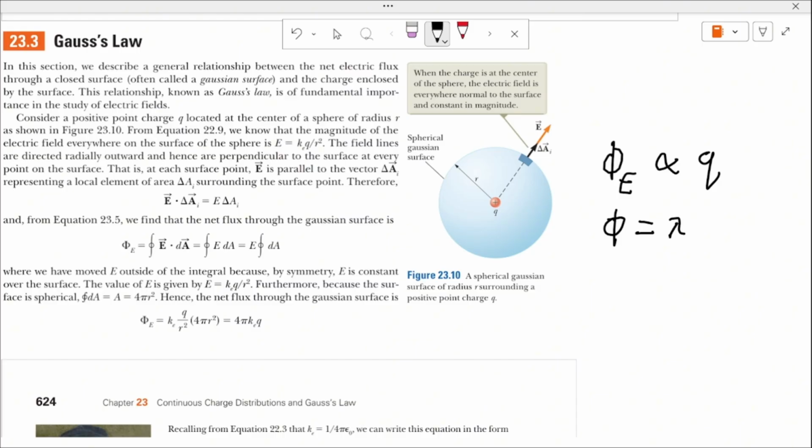Some constant. That's also already taken. Some constant C times Q, which is the charge inside. Since outside charges contribute no net flux, we can only focus on the charge inside to find the total electric field.